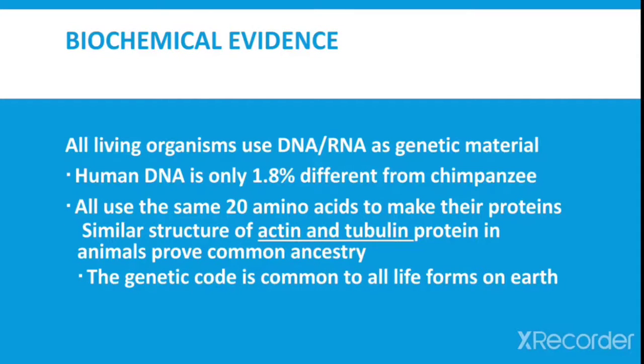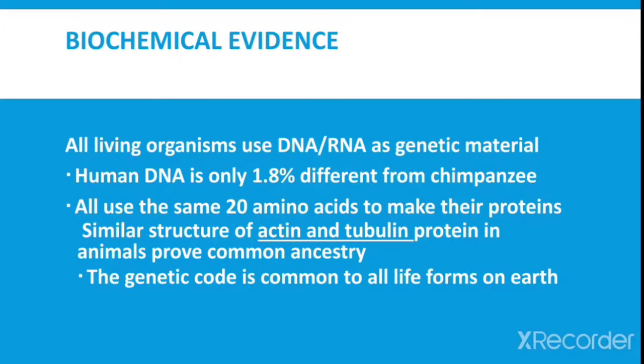Then biochemical evidence. We also get evidence of evolution from the field of biochemistry. It is observed that all living organisms use DNA and RNA as genetic material. Human DNA is just 1.8% different from that of chimpanzee. All organisms use 20 amino acids to make their proteins.